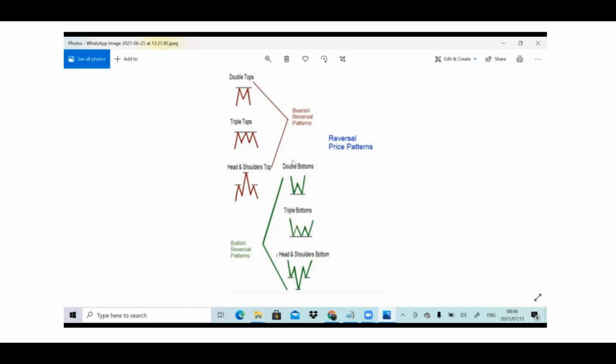A double top, we're going to see it by 2 points rejecting at the same level, forms sort of like an M. You have a triple top, which has 3 points at the same point, and it forms like a W, but it goes down.